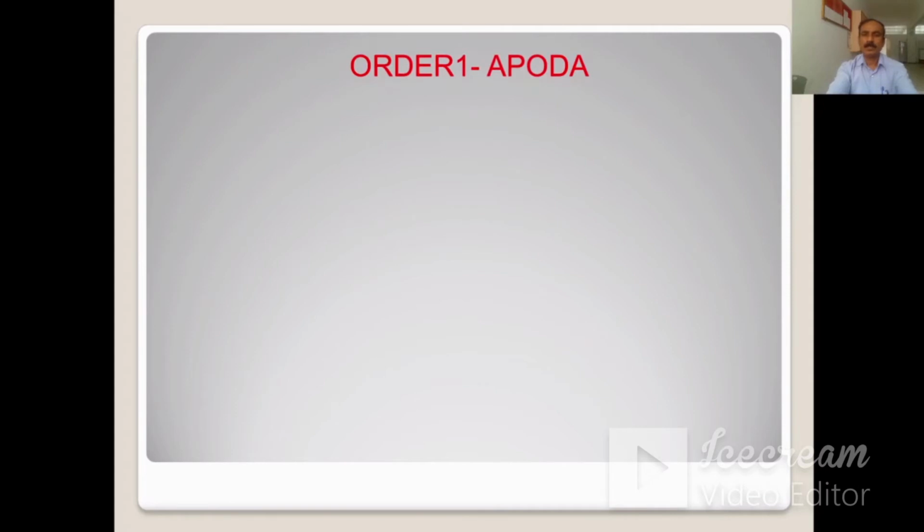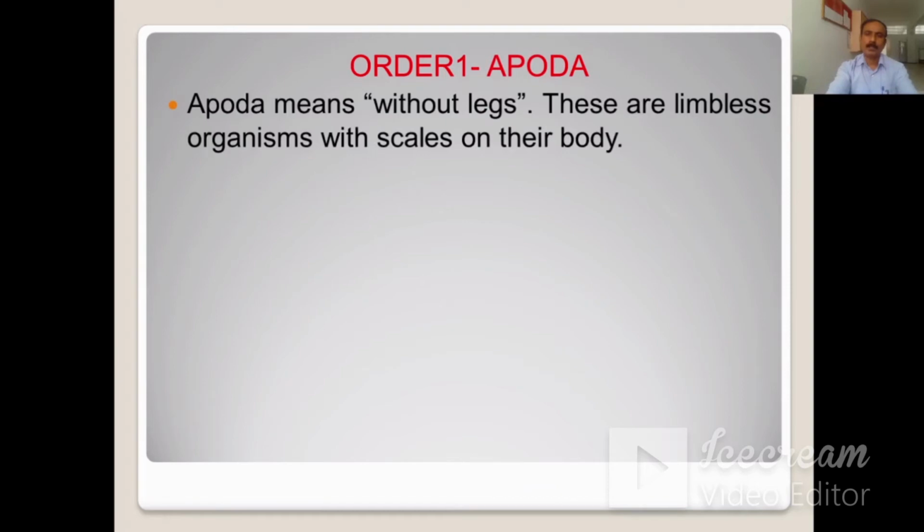Let us discuss order number 1, that is Apoda. Apoda means without legs. These are limbless organisms with scales on their body. So legs are absent in these animals, that's why they are called limbless.